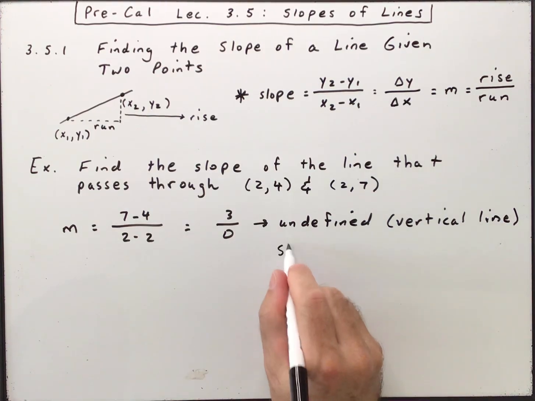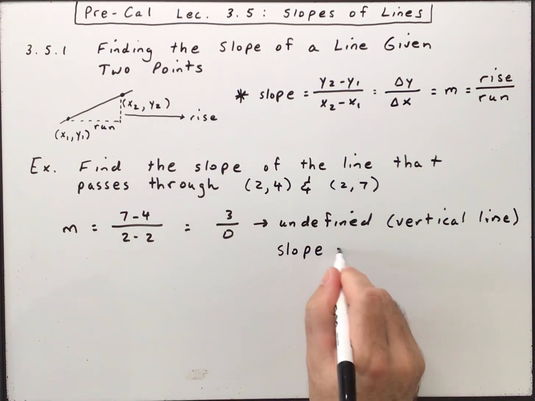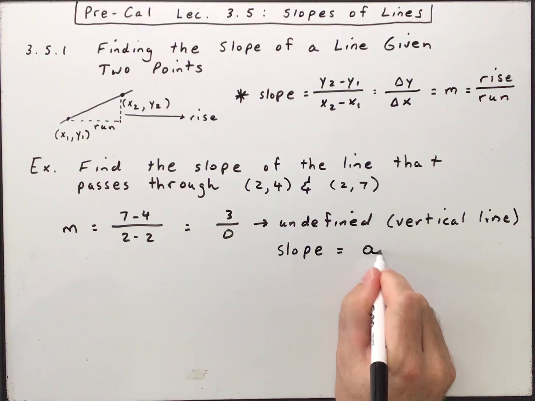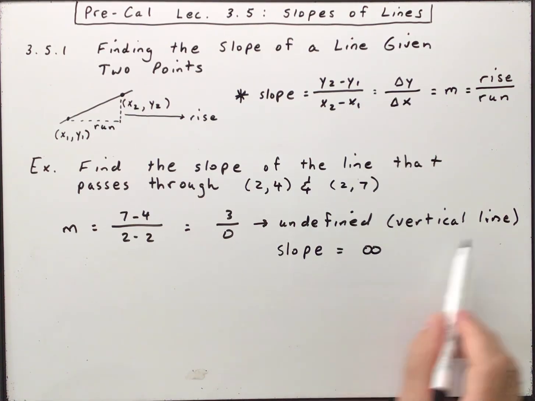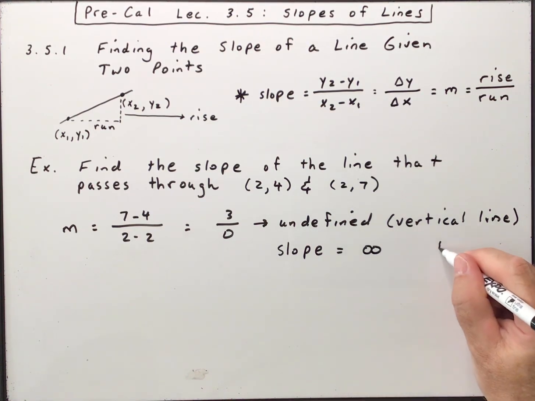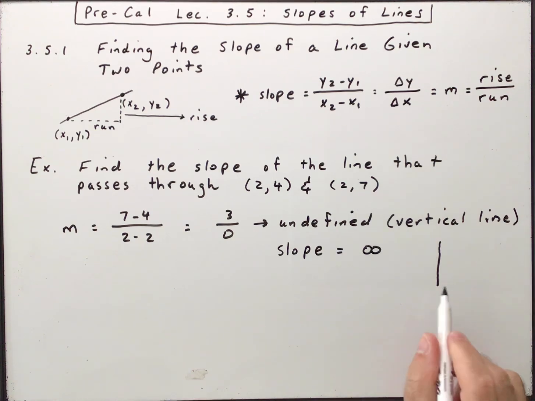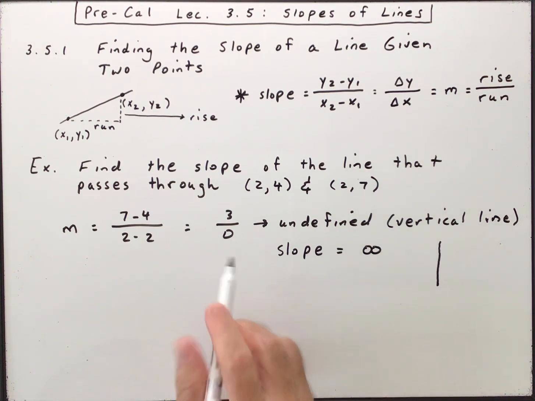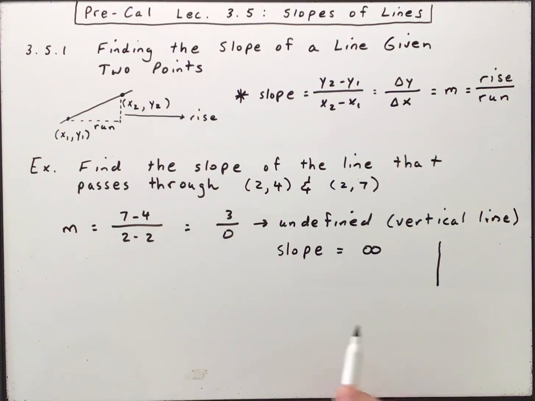Okay, the slope is equal to infinity. All right, so vertical line, you really can't count the slope, can you? Because the rise is infinite. I mean, you have a rise, but you don't have a run. So you've got a vertical line there.